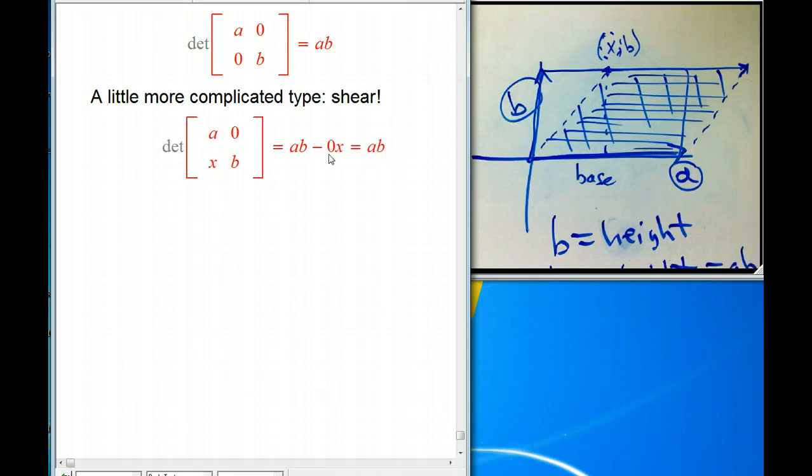And so that's really, really good evidence this is what's going on. And in fact, it's really the big reason why this is the correct formula. If you go through a more careful derivation of this from scratch, the reason this diagonal minus anti-diagonal calculation works to give area is exactly because it gives the right behavior under shears.